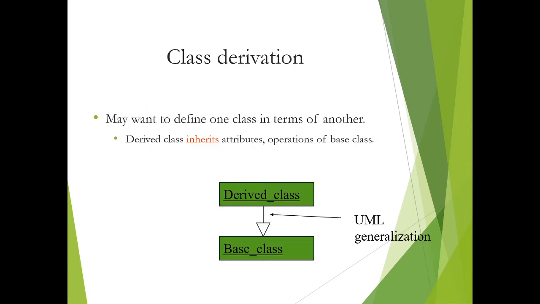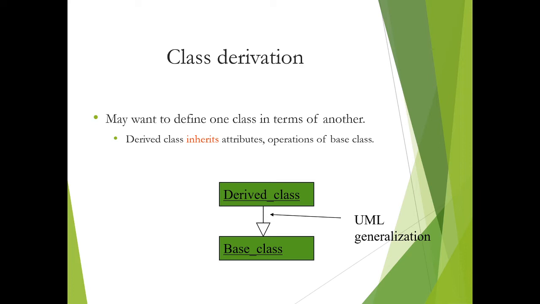So this is the class derivation. It is the term of another concept, and it is a basic, powerful concept that we want to define one class in terms of another. In this case, we have a derived class and it inherits from the base class, shown by the arrow mark here.